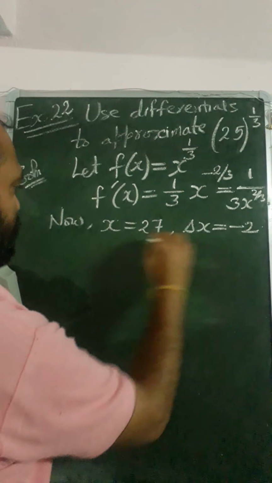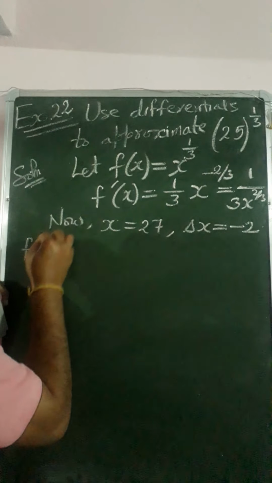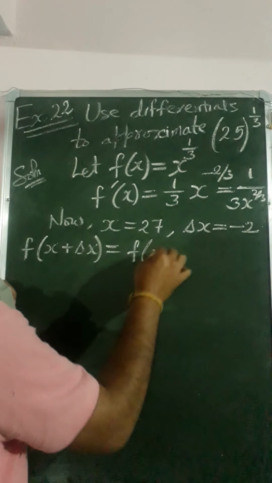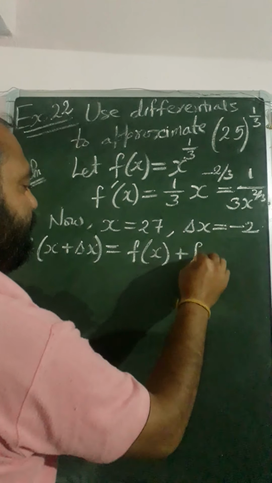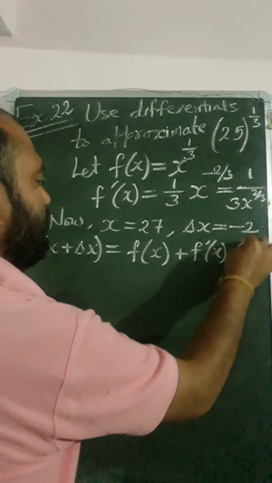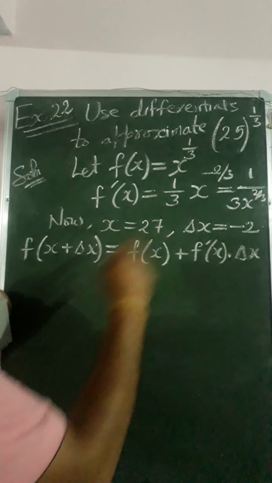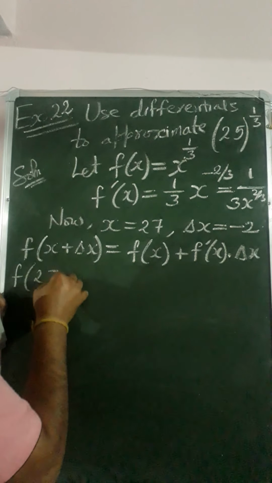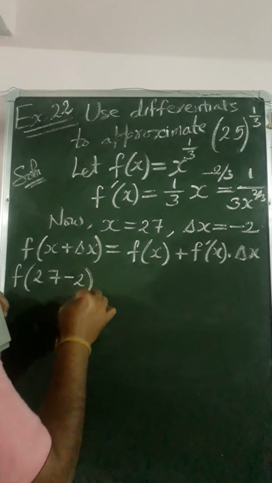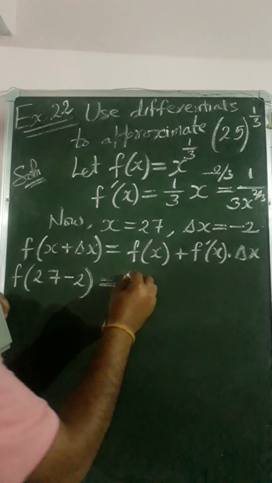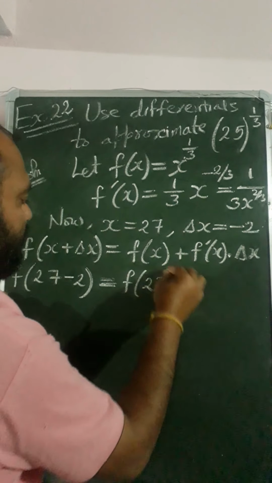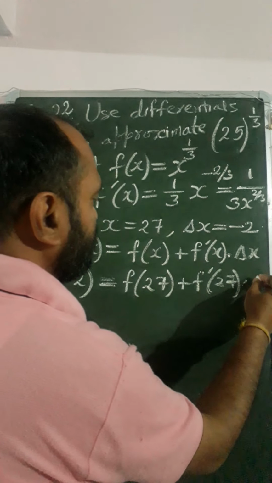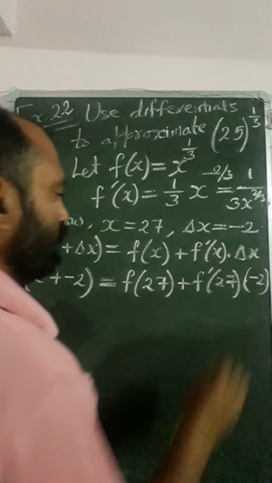So now we have the formula: f of x plus delta x is equal to f x plus f dash x into delta x. Now put the values of x and delta x here. We have f of 27 minus 2 is equal to f of 27 plus f dash 27 into minus 2. Clear?